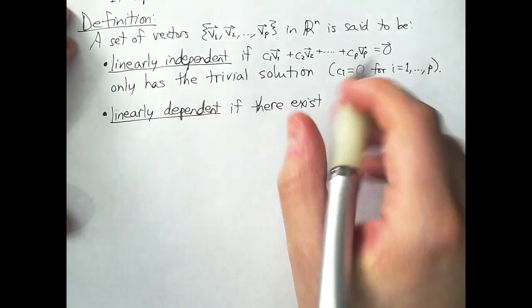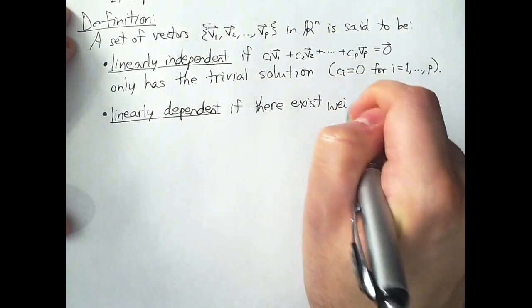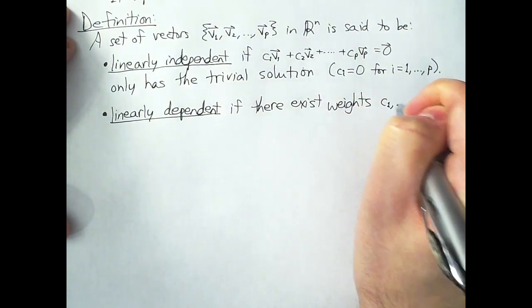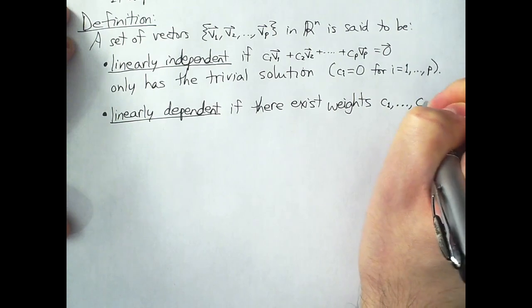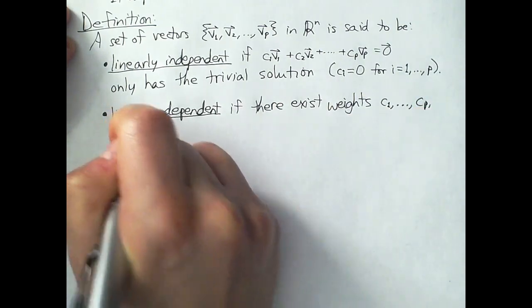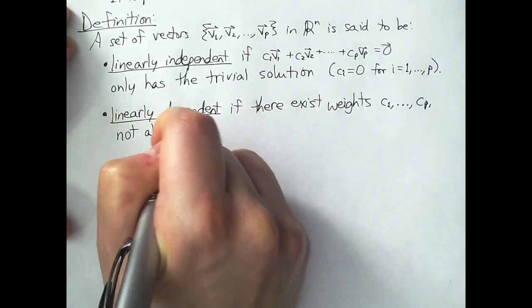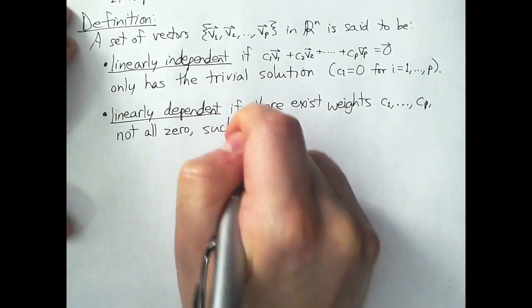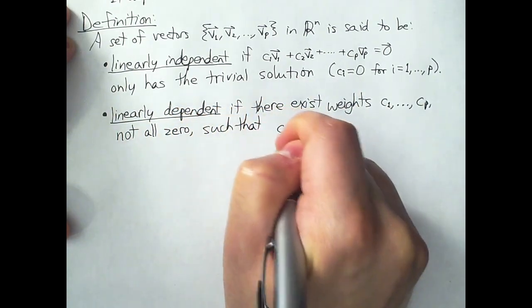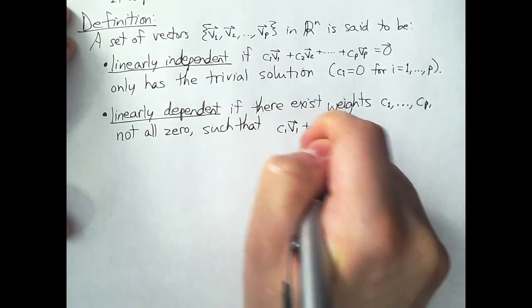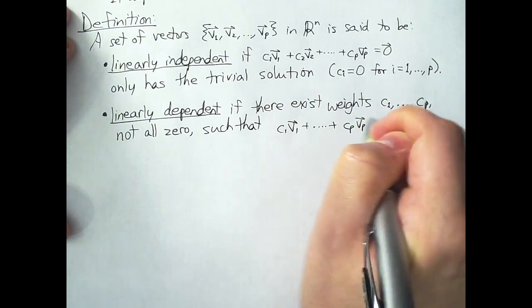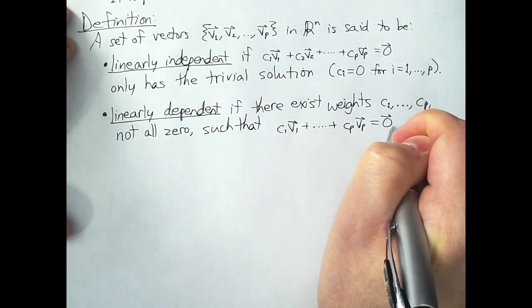So if there exist weights C1 up to Cp, not all 0, such that C1V1 plus dot dot dot up to CpVp equals the 0 vector.